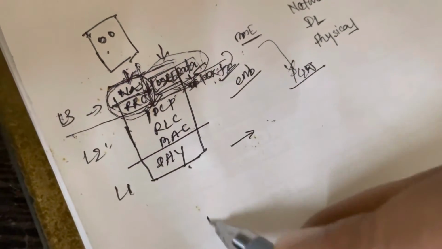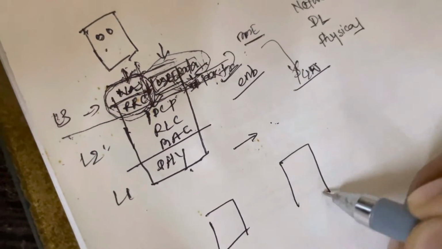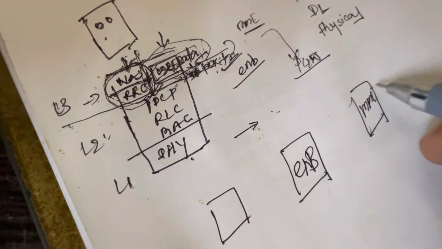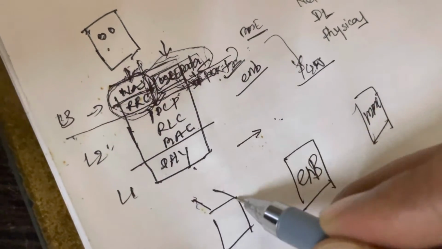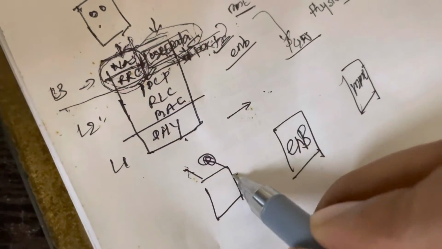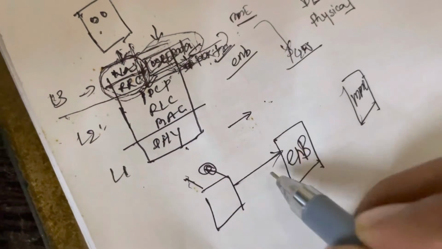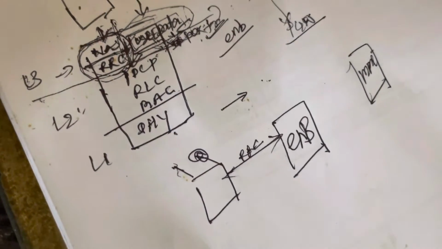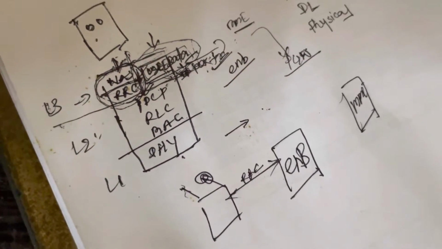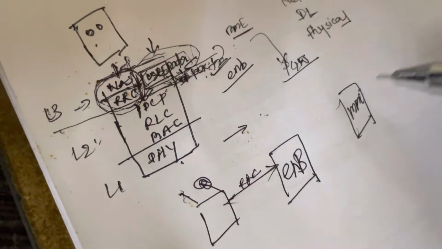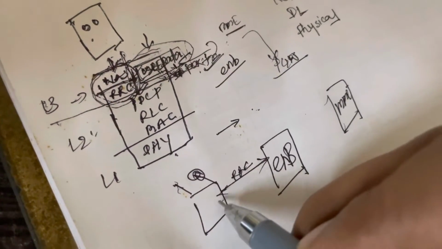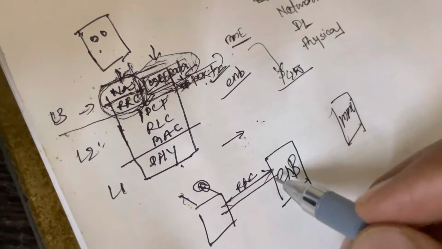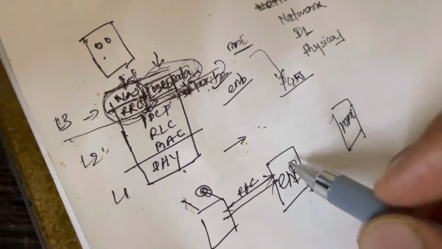Suppose this is your UE, this is the eNodeB, and this is the MME. First your UE will establish the connection with the eNodeB through the RRC protocol. Once the connection is established, then through the NAS message the UE will forward this user data to the eNodeB.